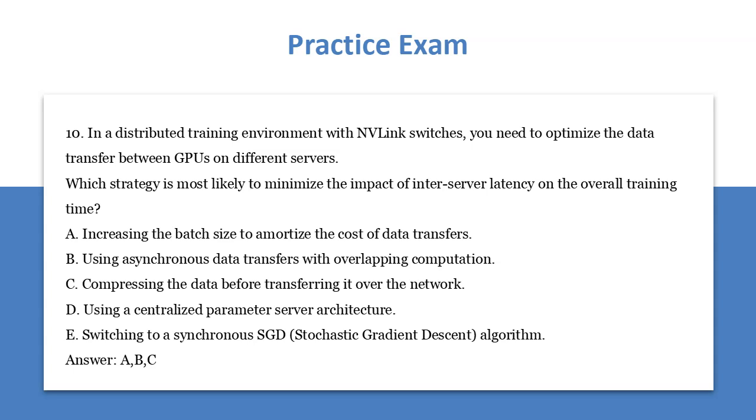B. Using asynchronous data transfers with overlapping computation. C. Compressing the data before transferring it over the network. D. Using a centralized parameter server architecture. E. Switching to a synchronous SGD, stochastic gradient descent, algorithm. Answer: A, B, C.